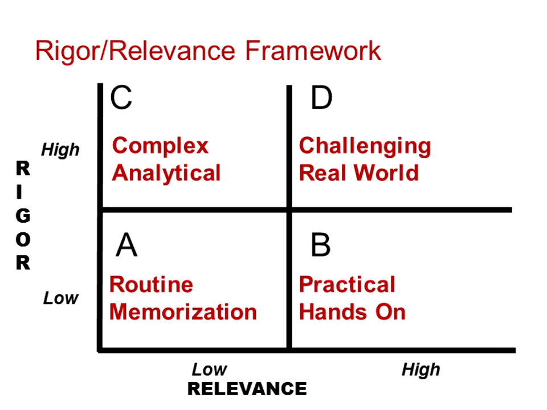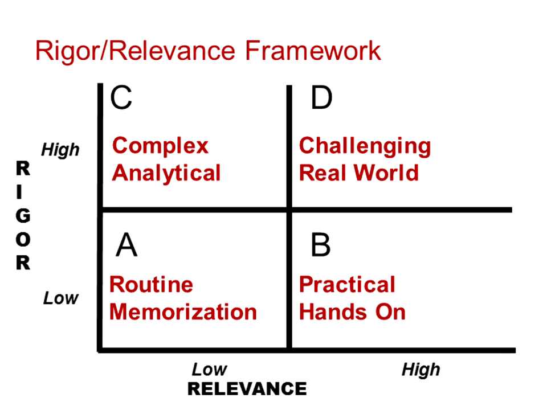When you ask them to do some hands-on activities without any explanation, it has low rigor, but it's relevant because they're engaged in it. When you ask them to do complex analytical thinking, it's high rigor, but not always relevant to them. But when you ask them to actually apply it in a real-world setting, then you get the highest rigor and the highest relevance.